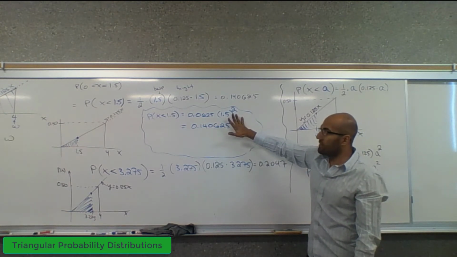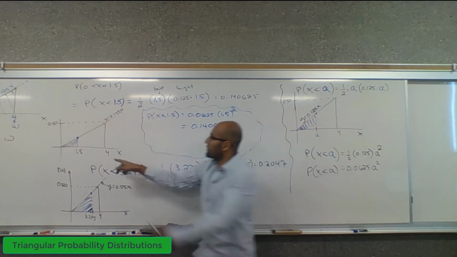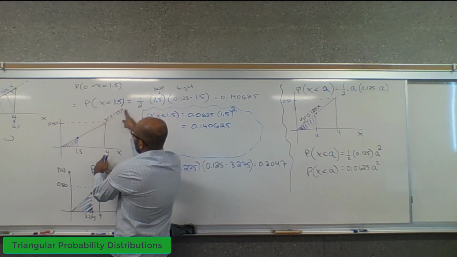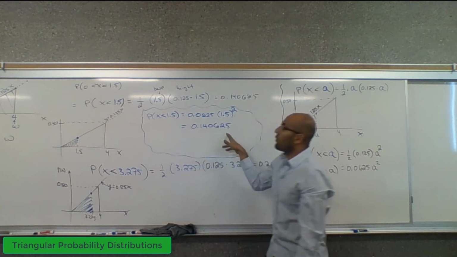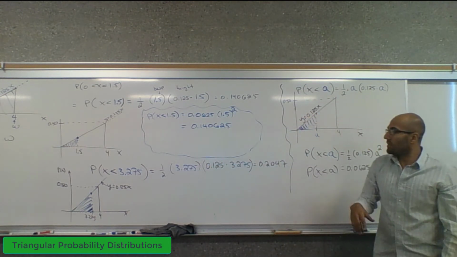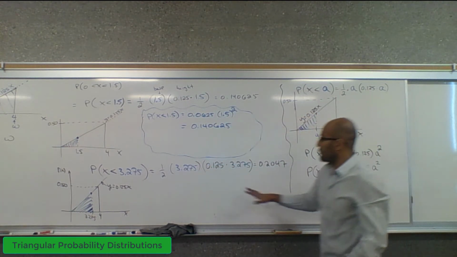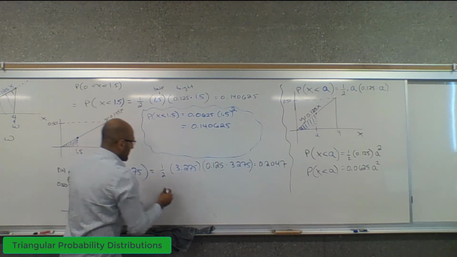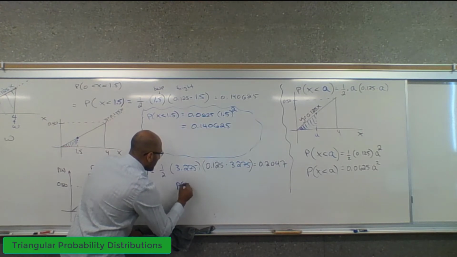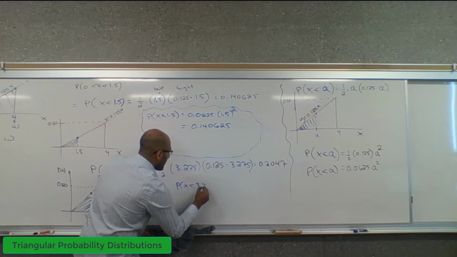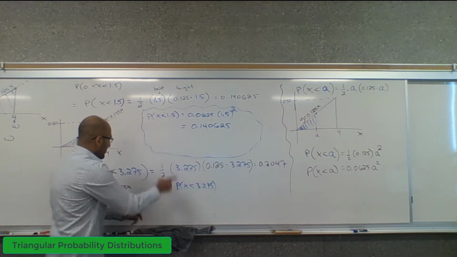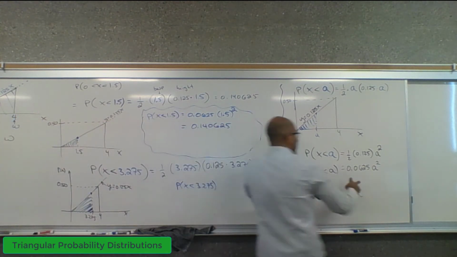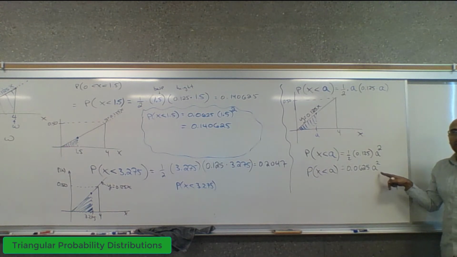Of course, this is only valid for this case, this situation where this whole thing goes out from 0 to 4, and it's governed by this equation up there. So it's an equation that's only valid in this case, but we can easily use it to solve many, many questions involving this one. Same with this. In order to find the probability that x is strictly less than 3.275, instead of finding the triangle and the base and the height and all that, I can go right here and go, oh, I have my nice easy little equation.